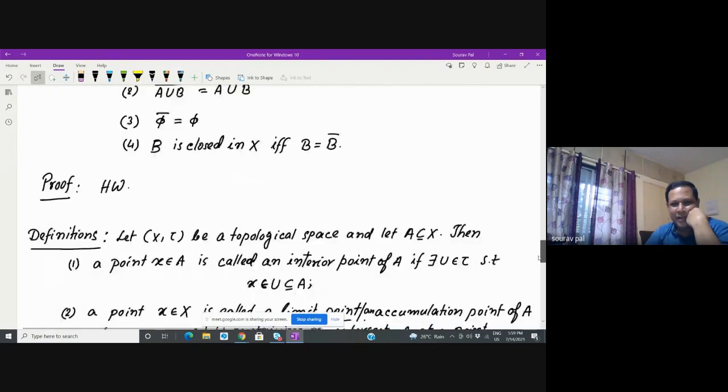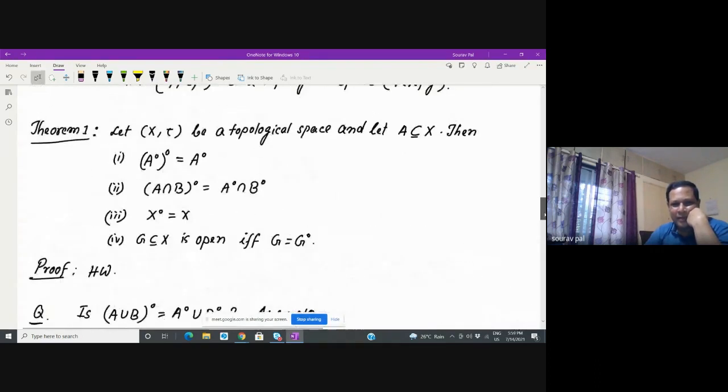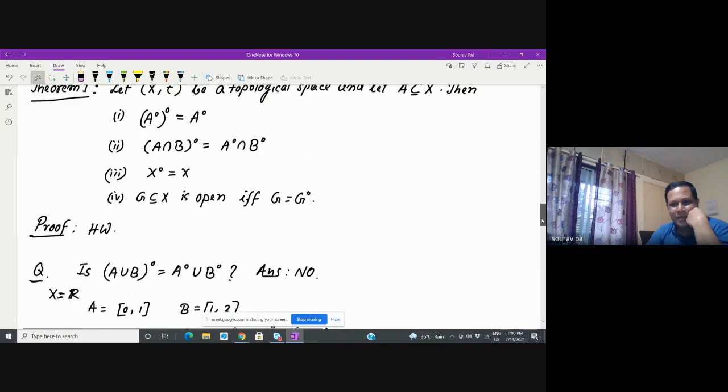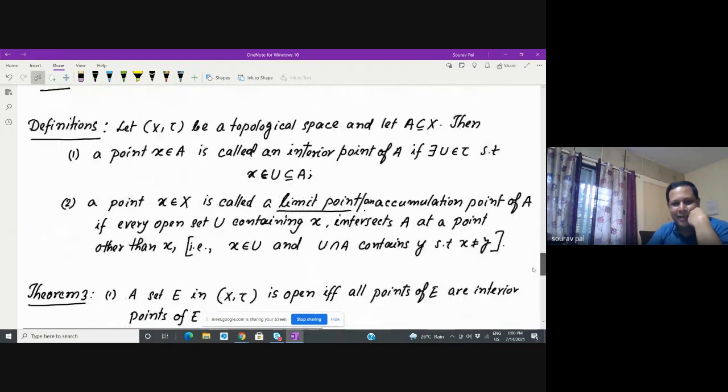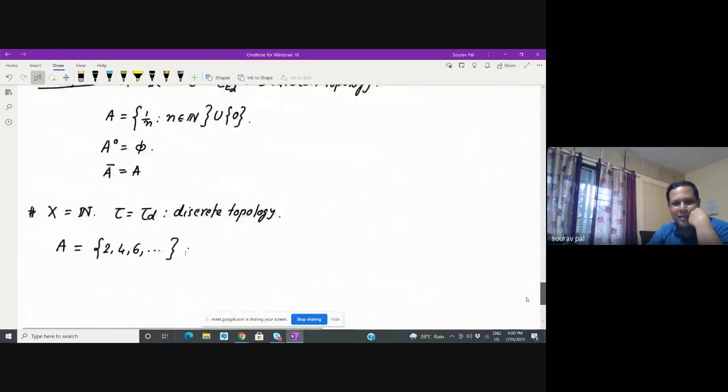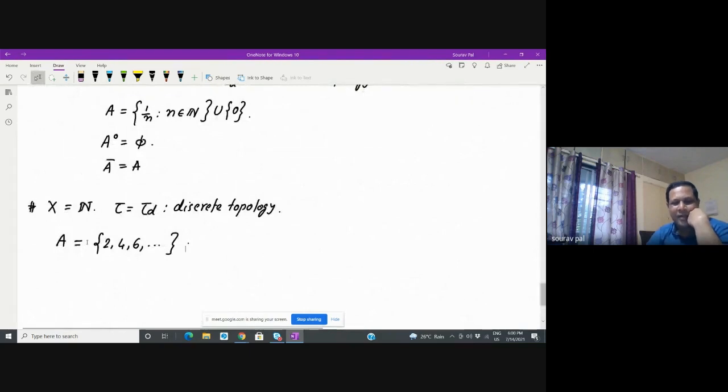And the interior of the interior is the set itself. Okay? So it follows from this result that if you choose this set A, in fact, you can choose any subset, all points are interior points, right?